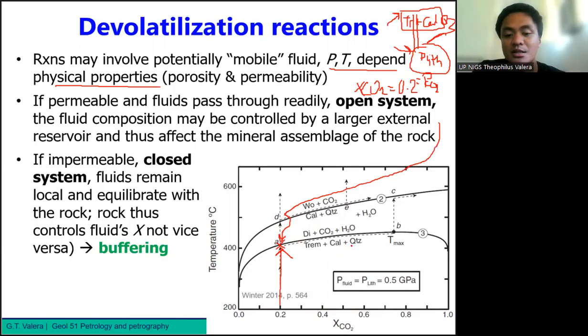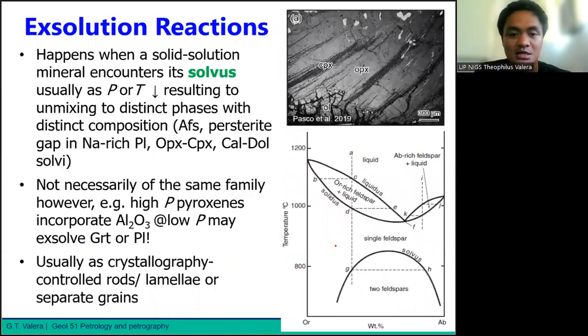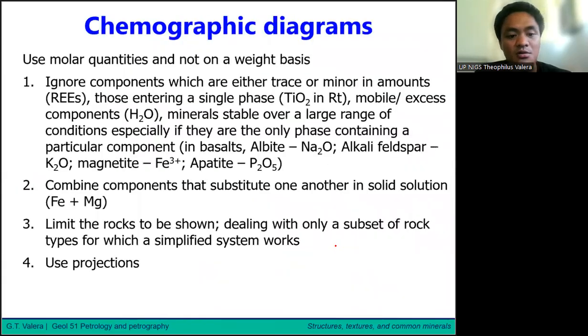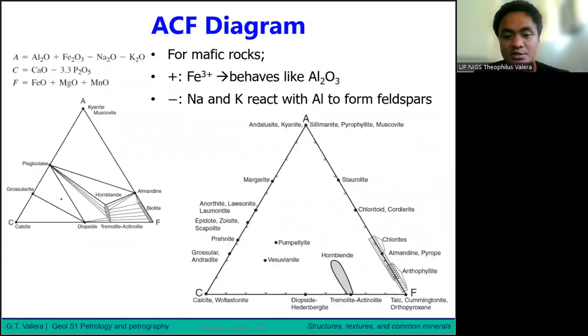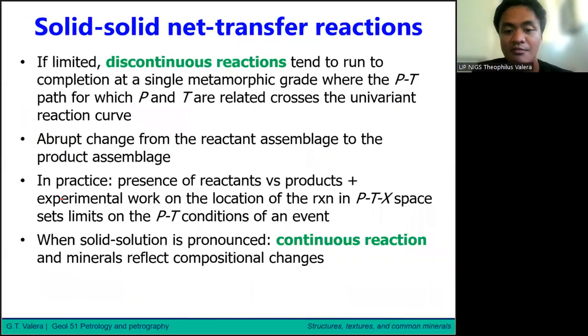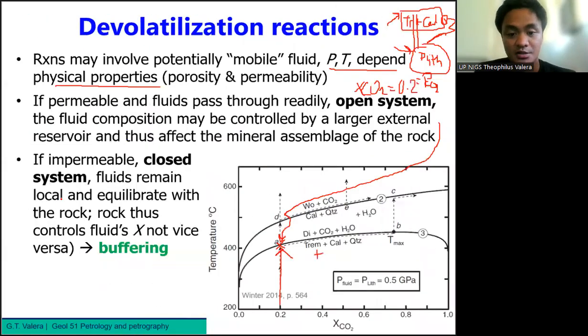Take note that at this point, we don't count the fluid phase on the reactant side, because this is the case we discussed before: perfectly mobile components controlled by external rock systems are not counted as C. So on the reactant side, although you have water, of course, we don't count it here. Okay? So that is for the open system.